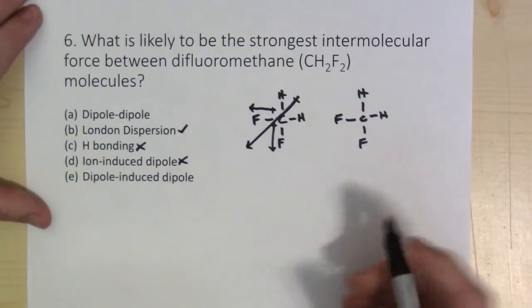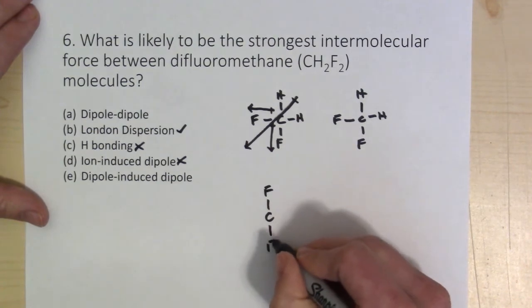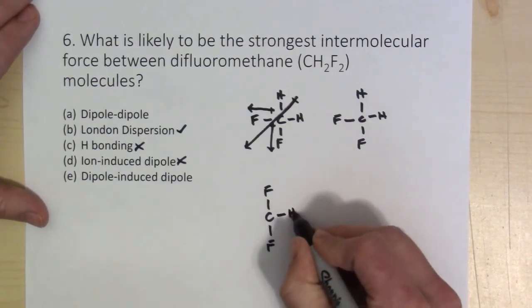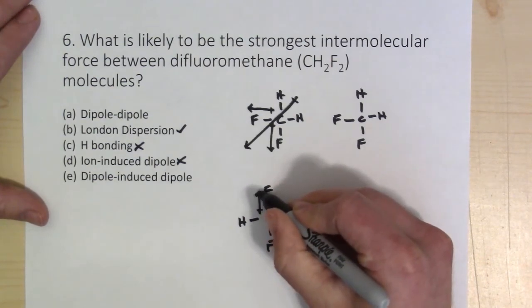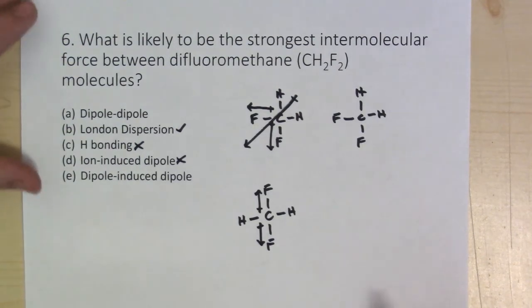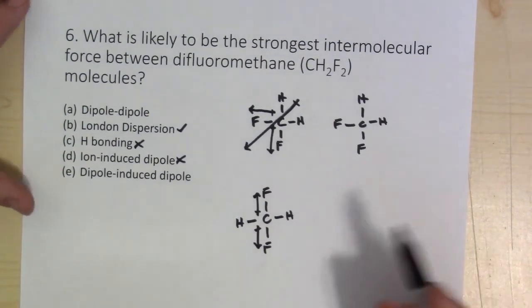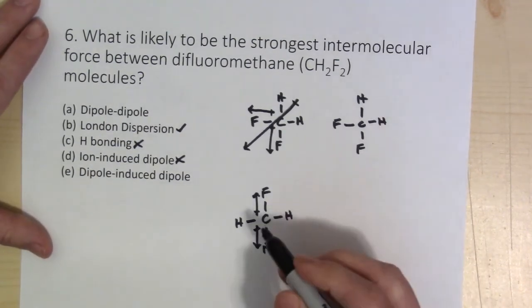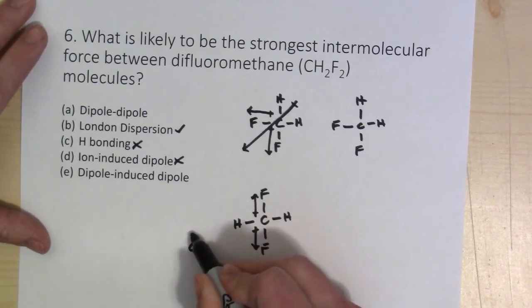So you may ask, what if you drew the molecule like this, with the fluorines facing opposite one another? You may think that the bond dipoles would cancel, since now they're directly opposite, but this is just an illusion of drawing this molecule in two dimensions. If you were to draw the molecule as would actually exist, it is a tetrahedral molecule.